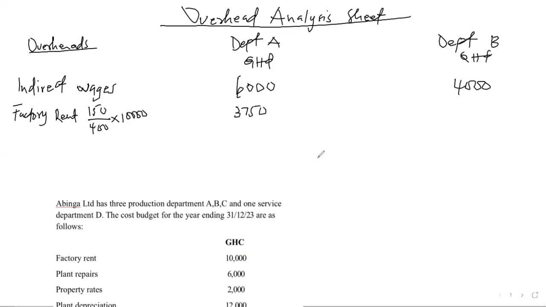Then you come to department B. The floor area for department B is 110. So 110 divided by the total floor area, which is 400, times the amount of factory rent, which is 10,000. When you cancel this, you have 2,750.